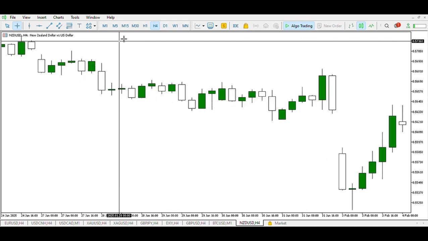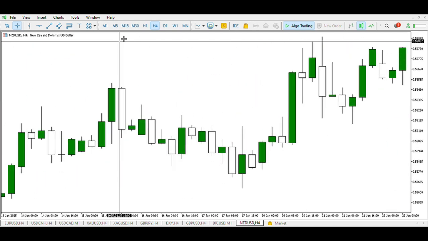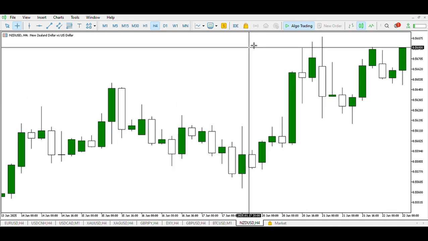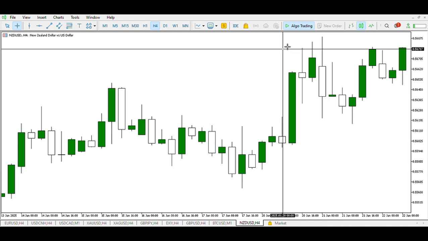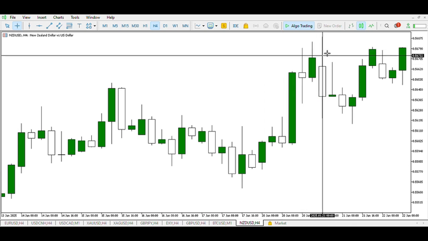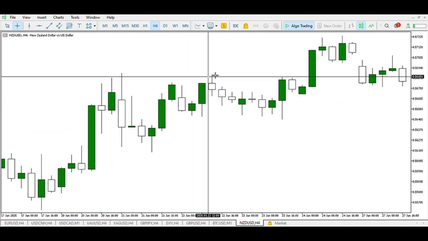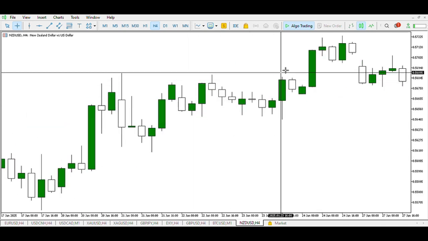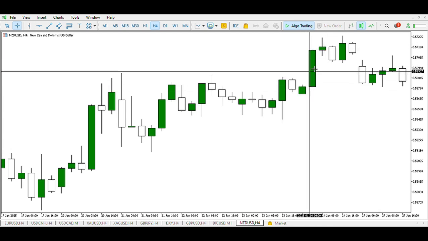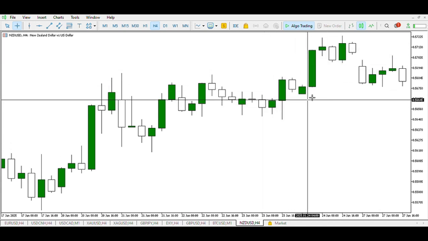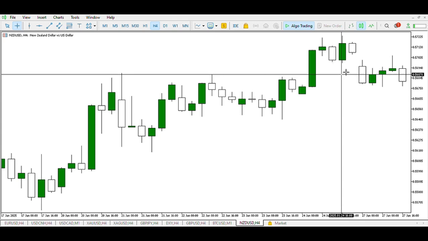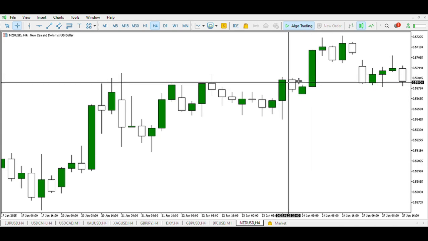So you don't just trade anything you see or whatever you feel like. You need to be choosy with your trades. You can see this candle is the first candle of the day, a sell candle, and later the market breaks the zone. It is a false resistance. So that is just how the market operates.